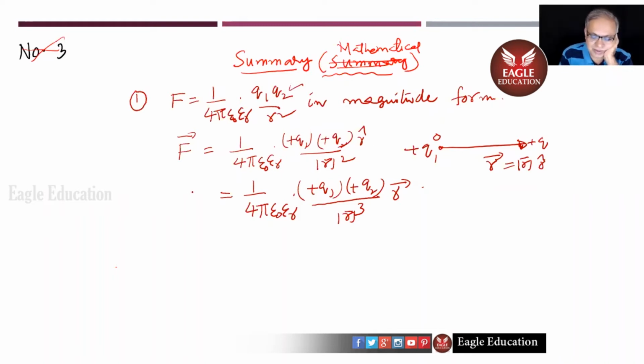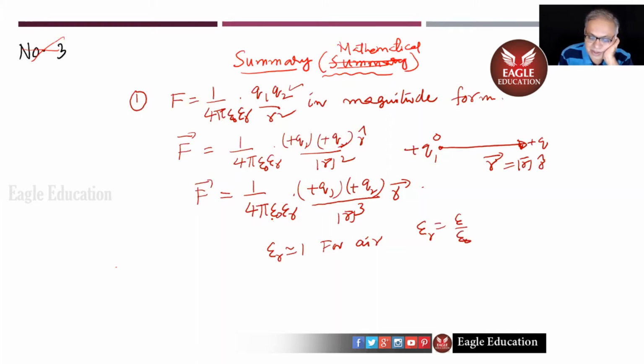All right. And why did I say this is the general form, children? If you make epsilon r equal to 1, it becomes the formula for air. And epsilon r is defined as epsilon by epsilon 0.